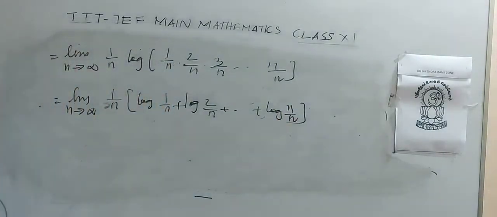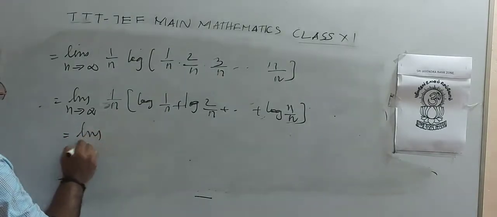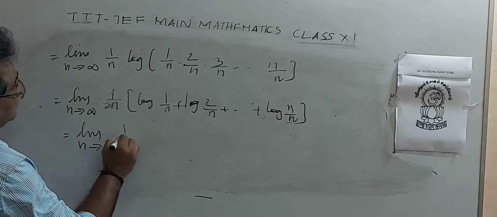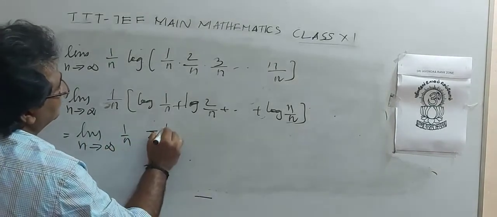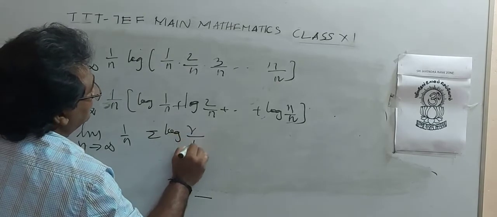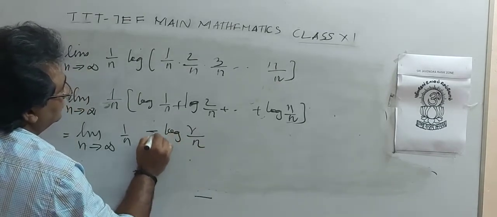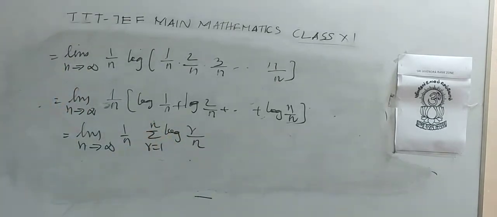So, using the product rule, log 1 by n plus log 2 by n up to log n by n. You can write the sum of log r by n, r from 1 to n.